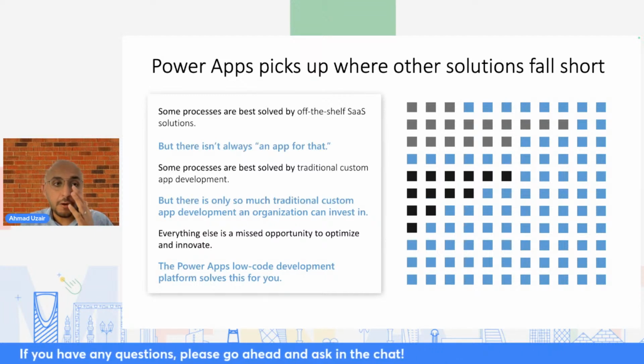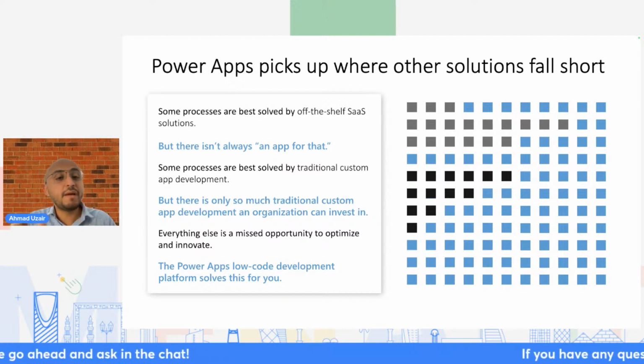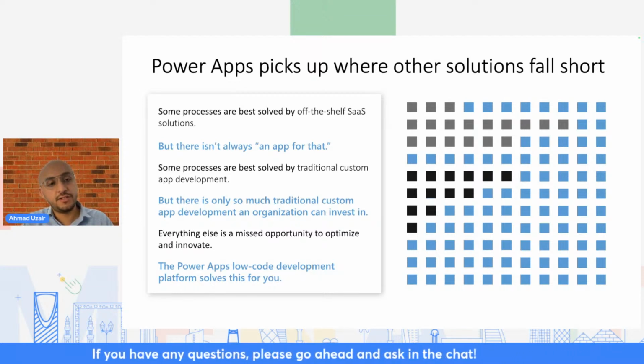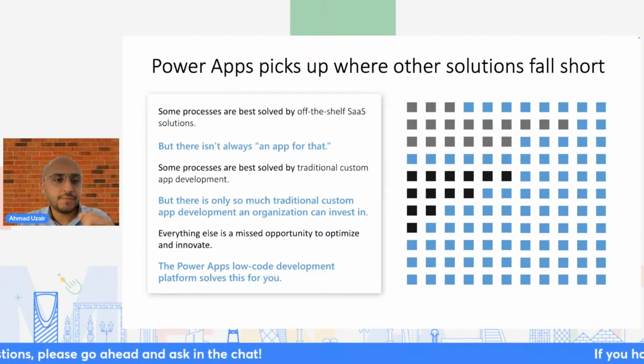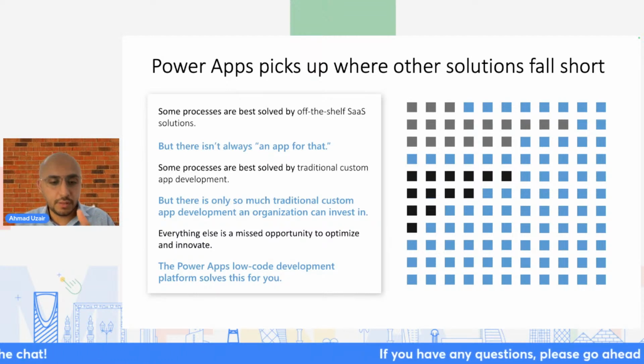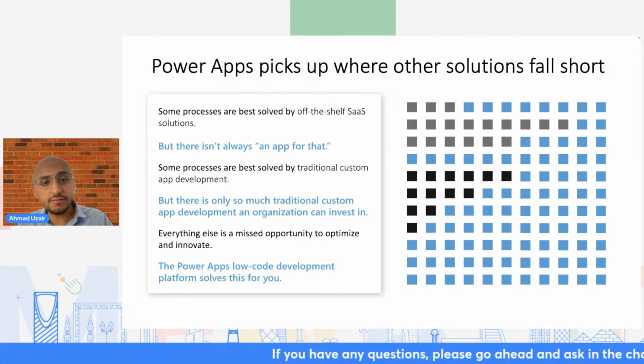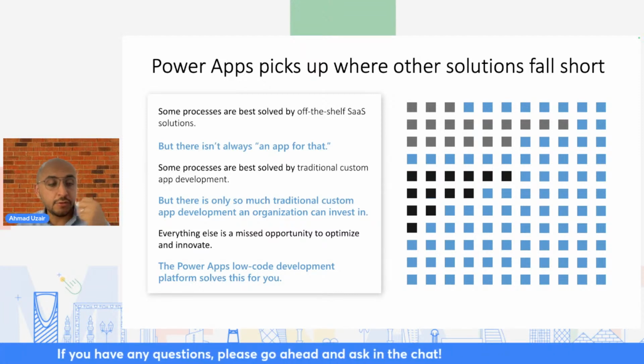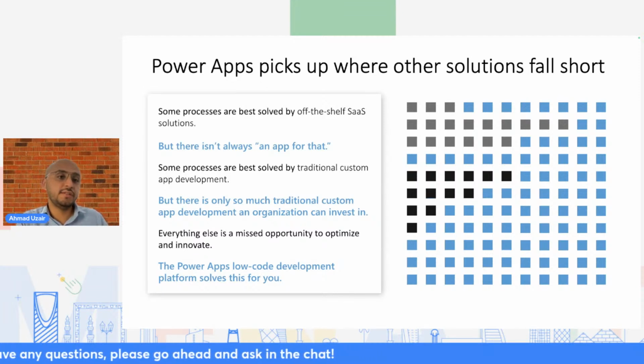So Power Apps gives you the best of both worlds, where you do not have a lot of development costs and time, but also get a lot of features out of the box. When you combine them, you get Power Apps. You can build the features that you require yourself, and you get a lot of things out of the box as well.